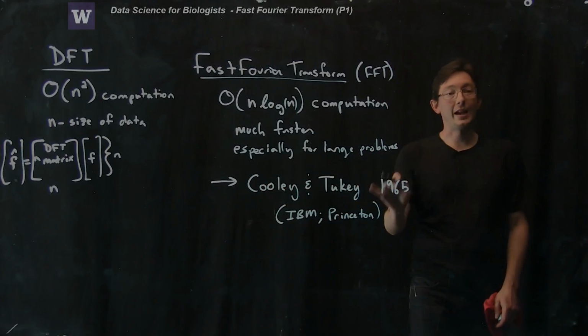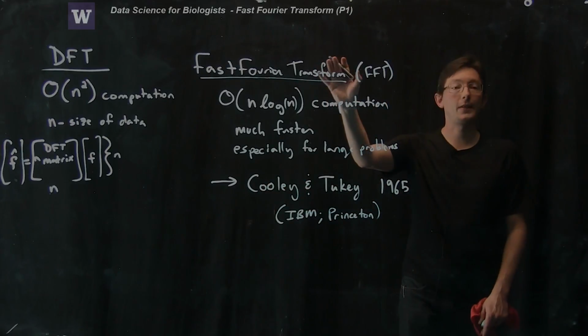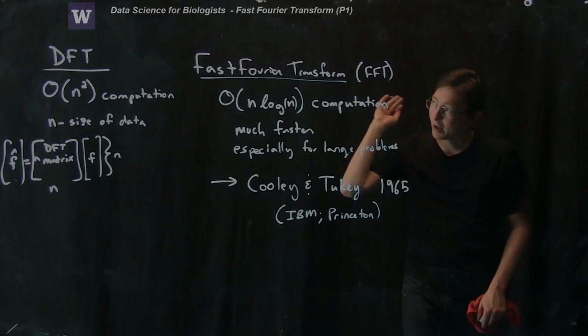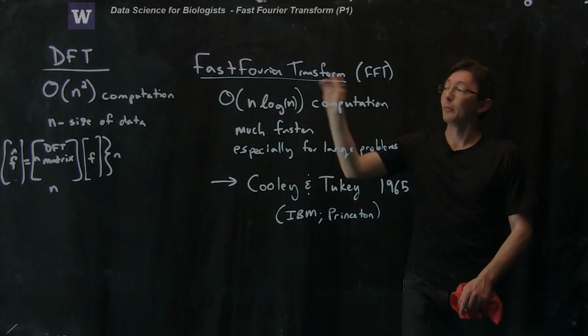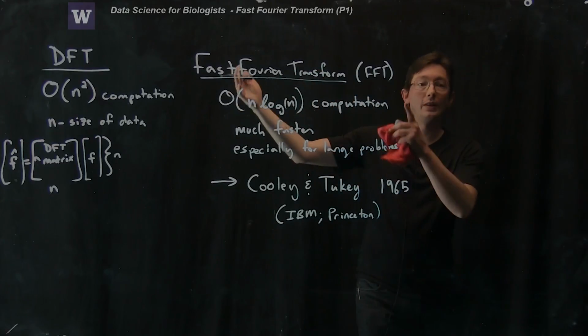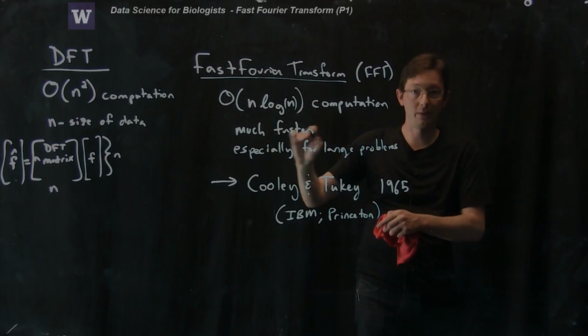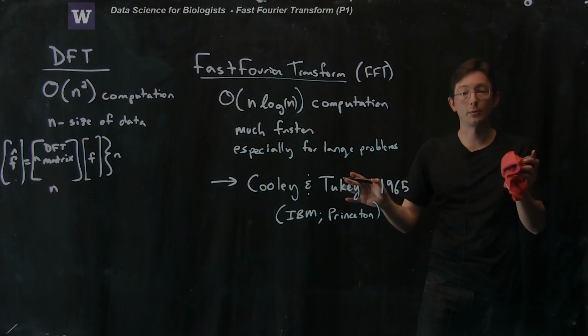They recognized that the DFT was super powerful and useful, but it was too slow. And so they came up with this fast algorithm that had better computational scaling, and they changed the world.